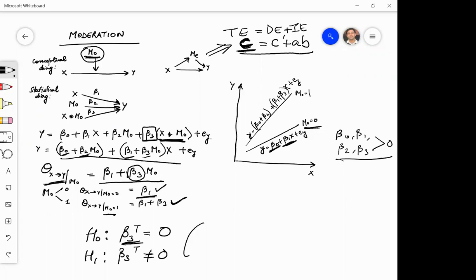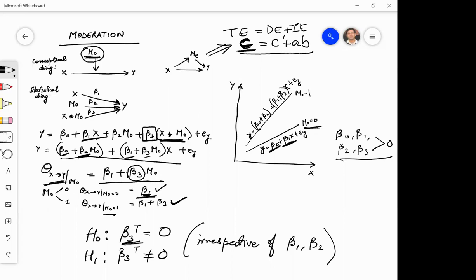Irrespective of what happens to beta 1 and beta 2 in the equation, whether the coefficient of X, that is beta 1, is significant or not, or beta 2, the direct effect of moderator on Y, whether that is 0 or not, that does not matter.